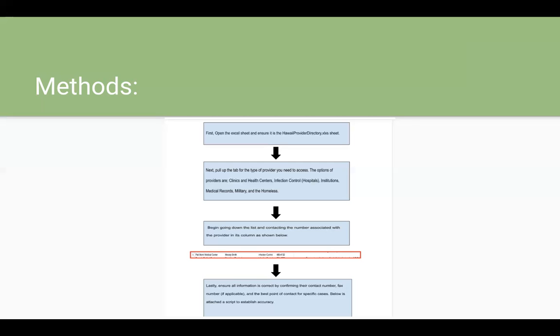And then I asked if there were any additional preferences that they had. And I also noted if a specific number was really difficult to contact or if a number wasn't working. So I made sure to go down the list. And this is all explained in this flow sheet here.